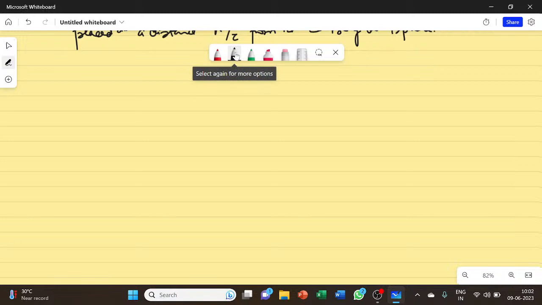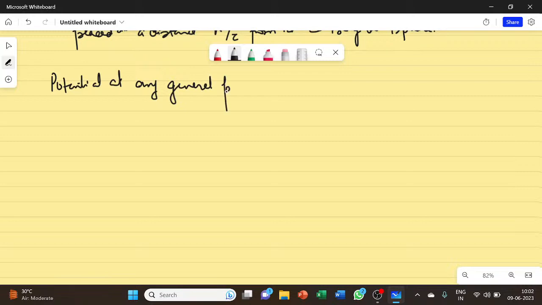Next, what I can find is the potential at any general point r comma theta. I can write it as V as a function of r and theta.